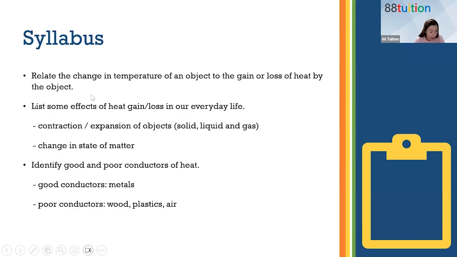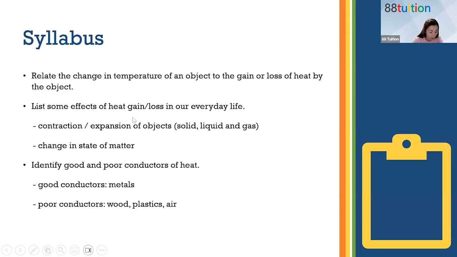Next, relate the change in temperature to the gain or loss of heat. So what is the meaning of change of temperature? Either it gets higher or it gets lower, isn't it? So you need to know, when a substance gains heat, what will happen to the temperature? The temperature will increase. So if a substance loses heat, its temperature will definitely decrease. This is quite basic, you must know.